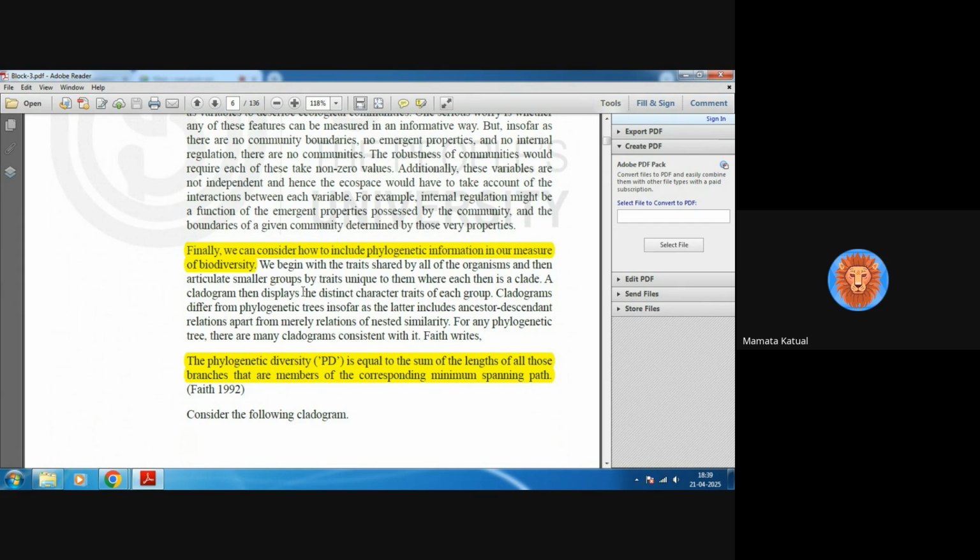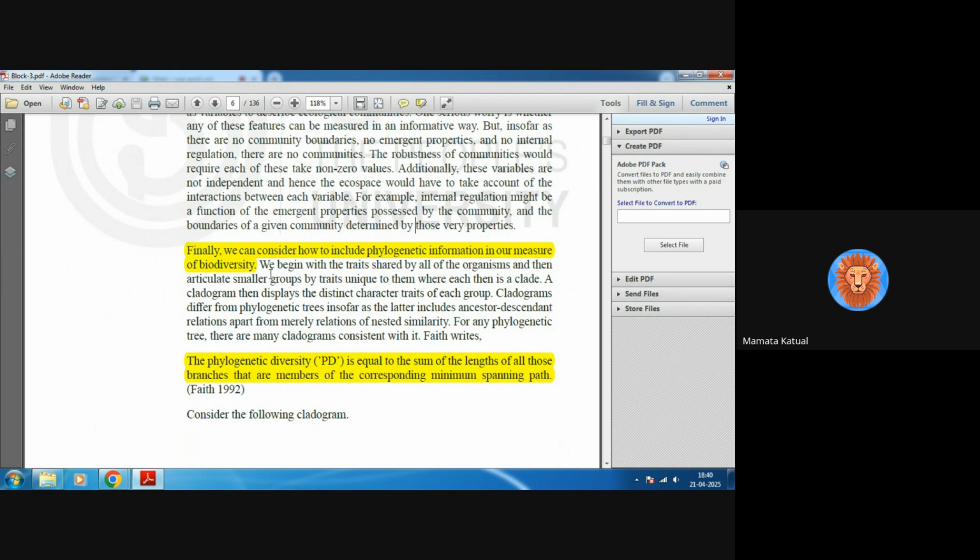So we have to include the phylogenetic information when we measure the biodiversity, whether the biodiversity is less or more.